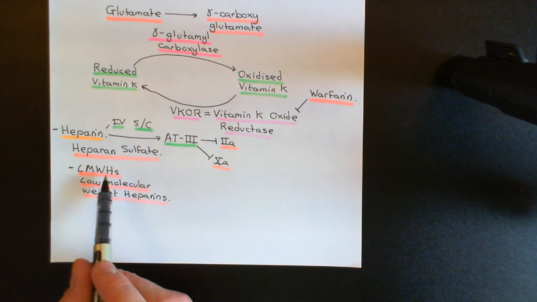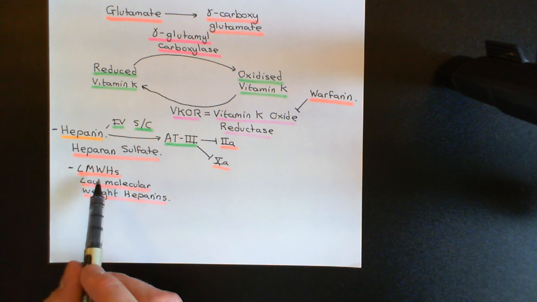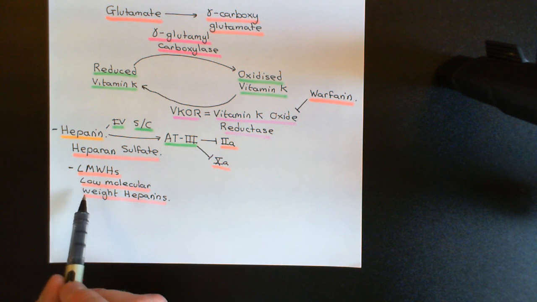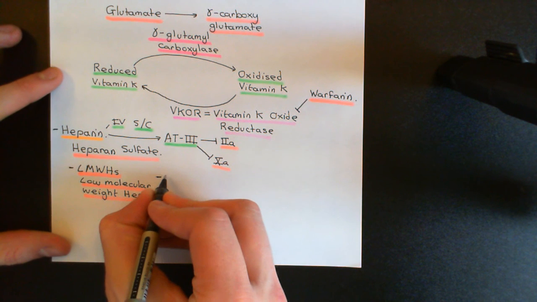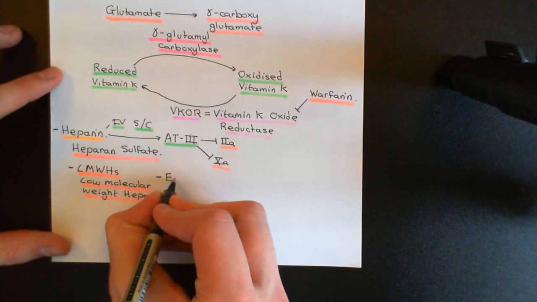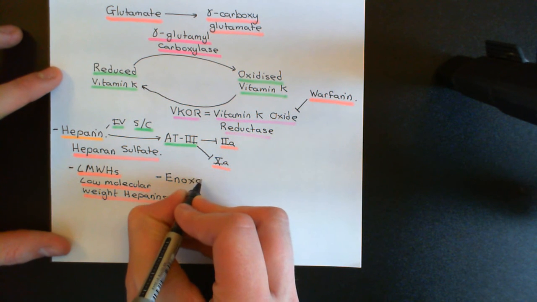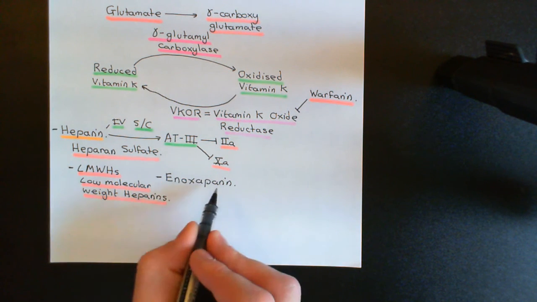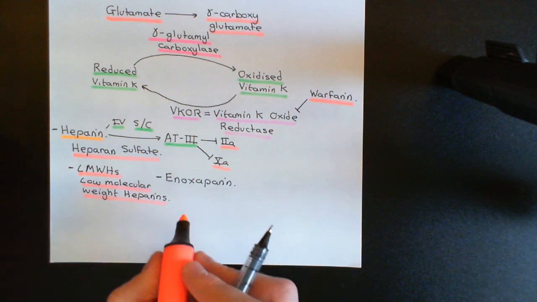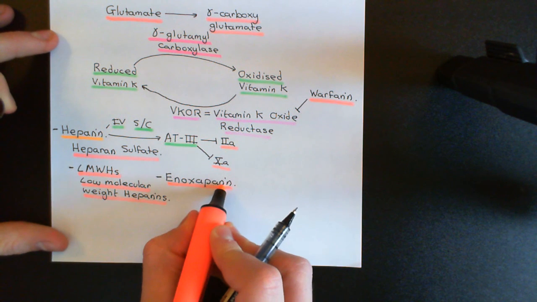We have modified it, we've chopped it up and taken little fragments of it, and this gives rise to the low molecular weight heparins. And the key one that I'm going to mention is a drug called enoxaparin. Okay, so enoxaparin is a little fragment of heparin, much, much smaller than heparin.